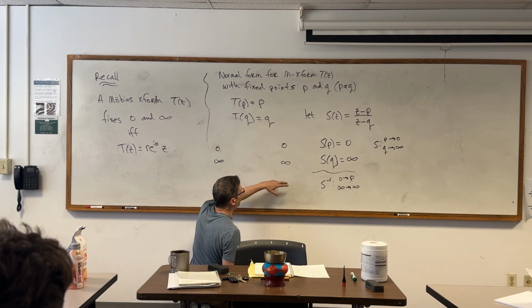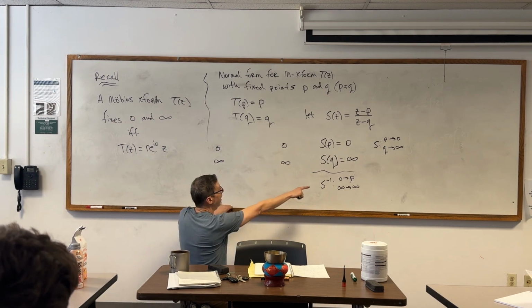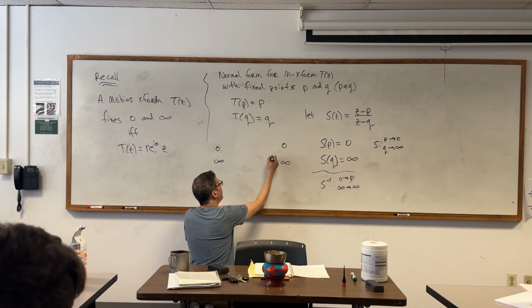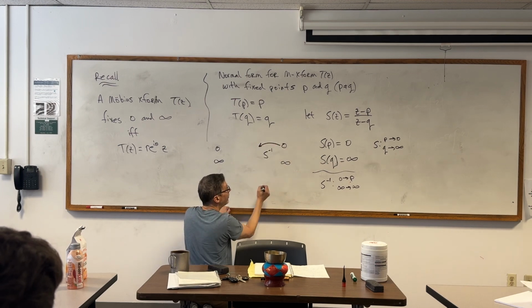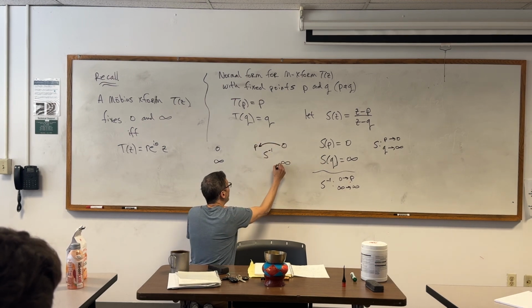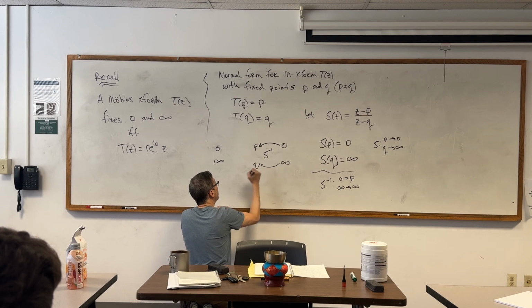You'll see how cool this is in a minute. S inverse is the thing that I want on the right, so I'm going to put S inverse here. S inverse sends 0 to P, and it sends infinity to Q.